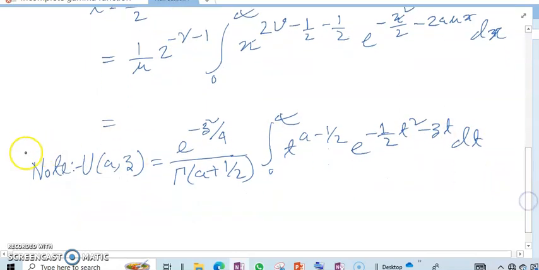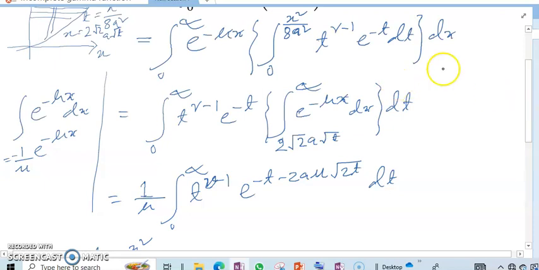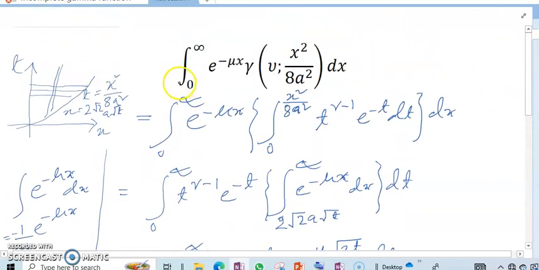So if we follow this equation, now I can write this equation as omega.